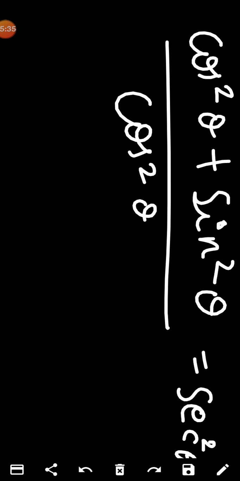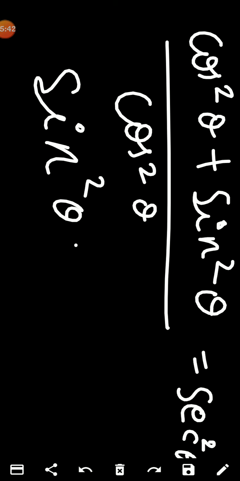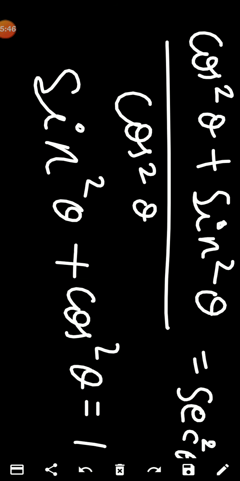Now from my previous videos you know that sin square theta plus cos square theta is equal to 1. That's what I proved in my previous videos. Sin square theta plus cos square theta and cos square theta plus sin square theta are both the same because addition is commutative.